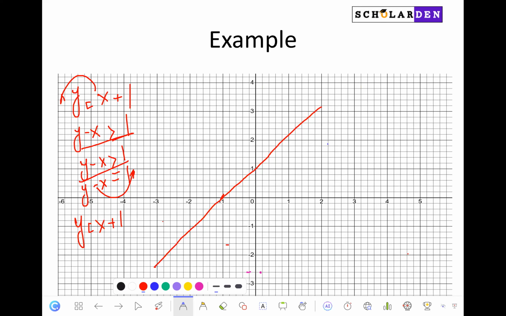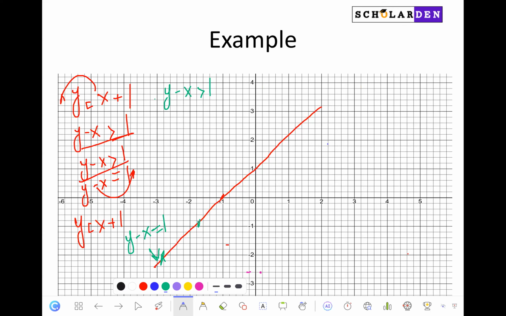And what we were supposed to find out was the region that satisfies y minus x is greater than 1. So we understand that this is the boundary, y minus x is equal to 1, because all of the points on this line satisfy it.